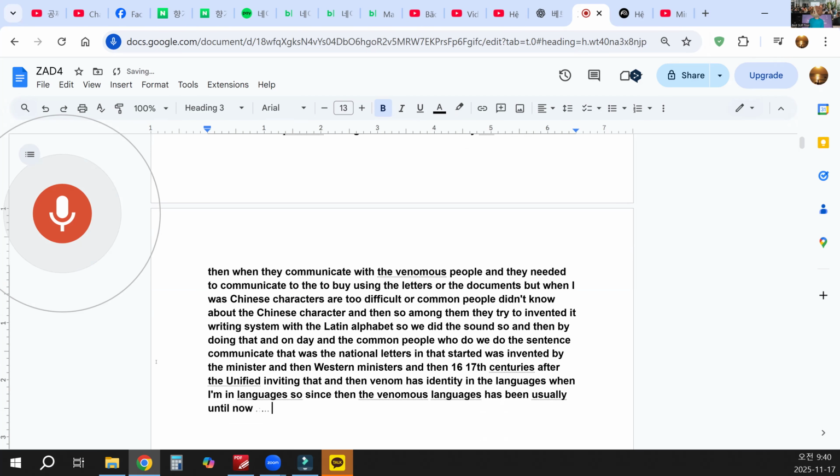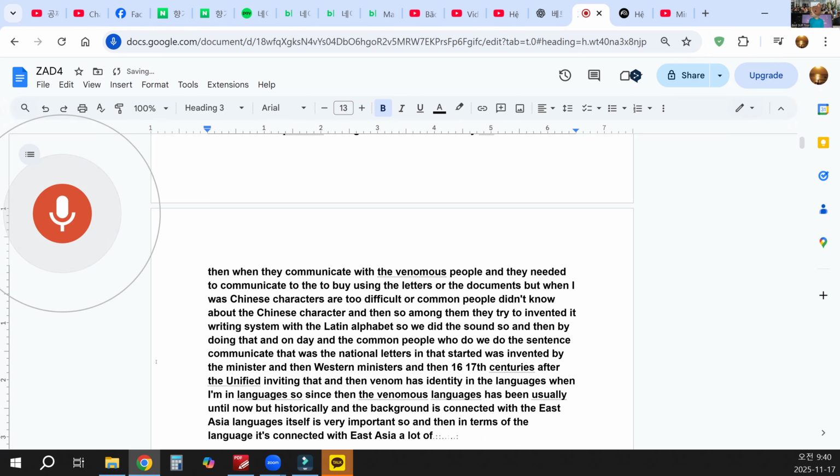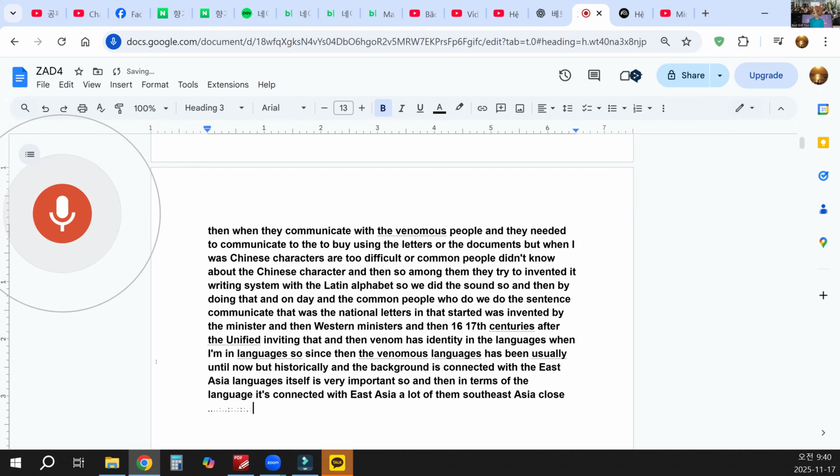But historically, the background is connected with East Asia. The language itself is very important. In terms of language, Vietnam is connected with East Asia rather than Southeast Asia, because the Vietnamese language and other languages like Thai, Cambodian, and Lao are quite different in writing system.